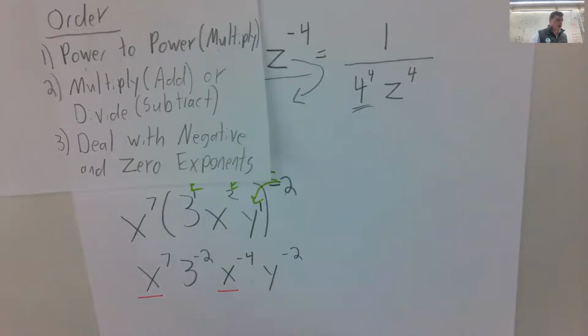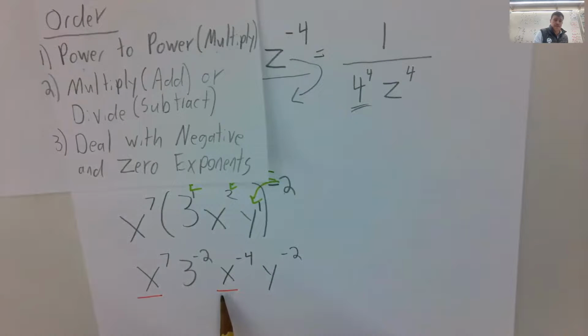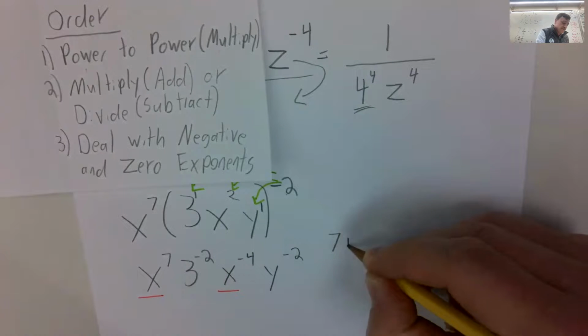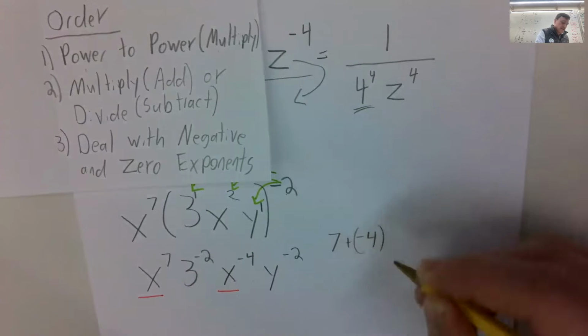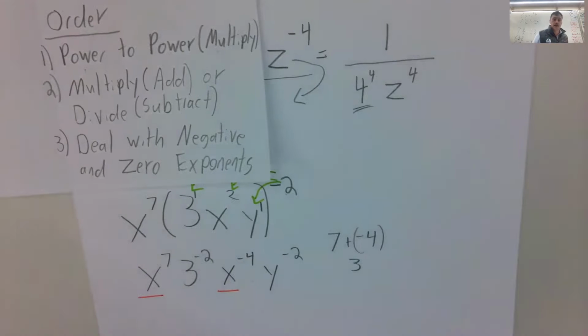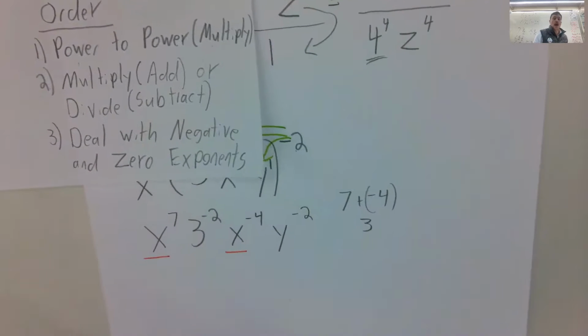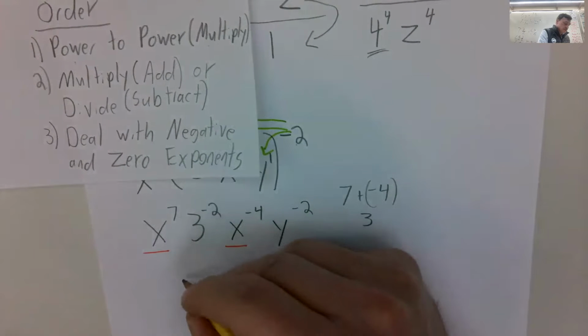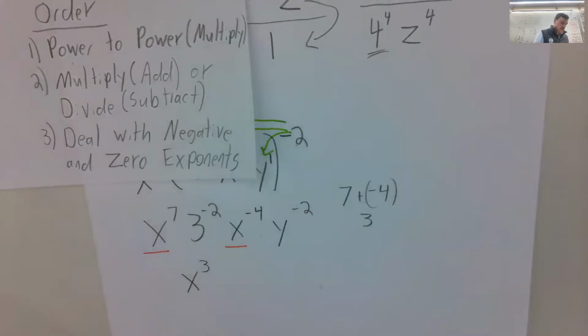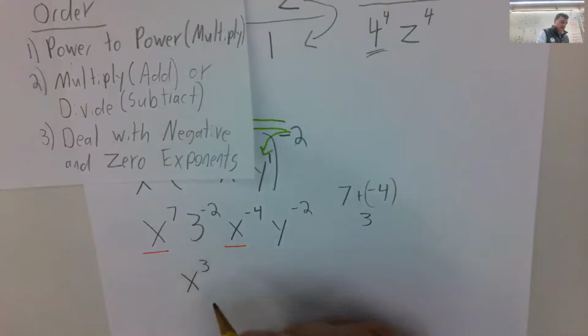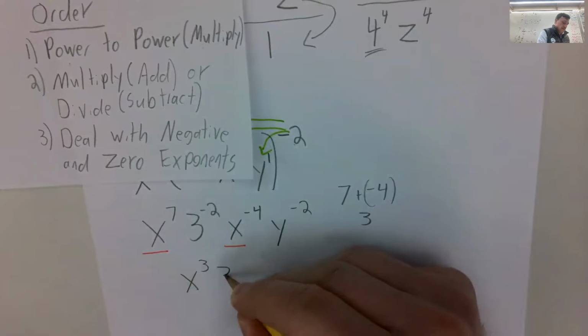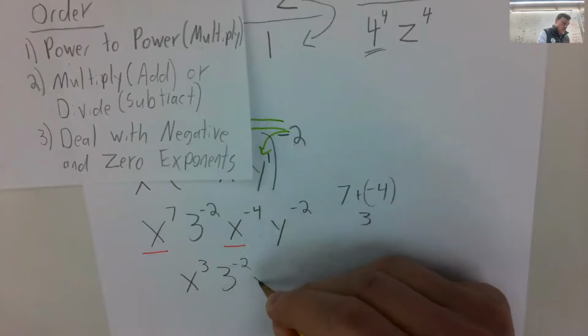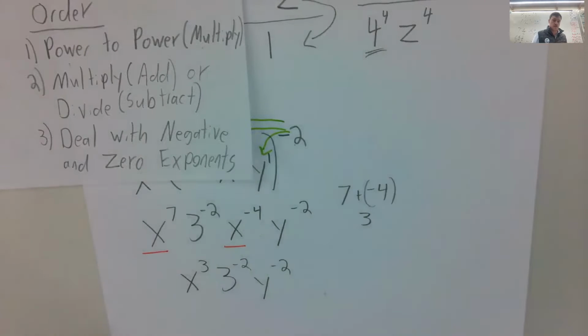When we are multiplying, which we are, with the same base, all we need to do is add those exponents. So 7 plus -4, that's going to give us a +3. So that's going to be my new exponent for the x term. So x to the 3rd. And then everything else just falls down because I can't combine it with anything. 3 to the -2, y to the -2.